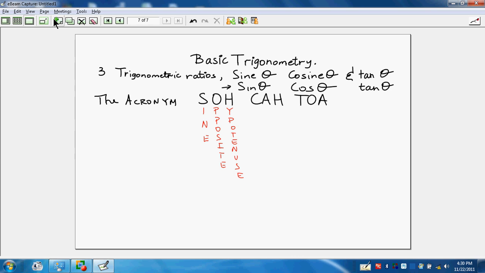So we say that sine is opposite over hypotenuse. The CAH says that cosine, C for cosine, the cosine is adjacent over hypotenuse.